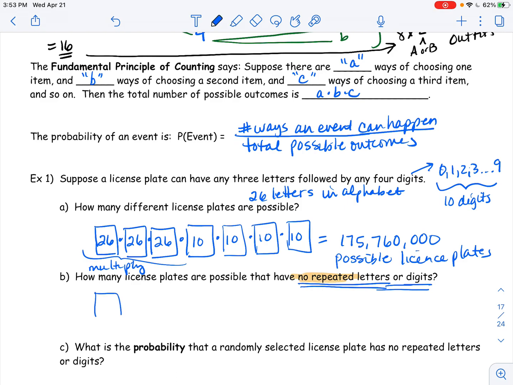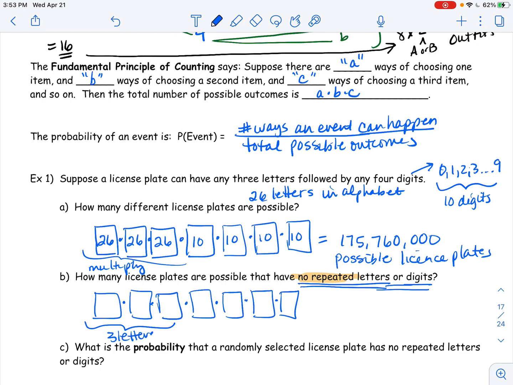Well, I'm going to draw my 7 boxes. I know I'm going to be multiplying each of these boxes. All right, for the first letter, we have 3 letters. The first option, you'd have 26. Well, if you used a letter, then you only have 25 remaining.